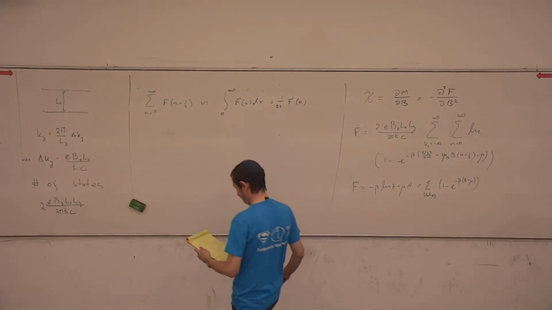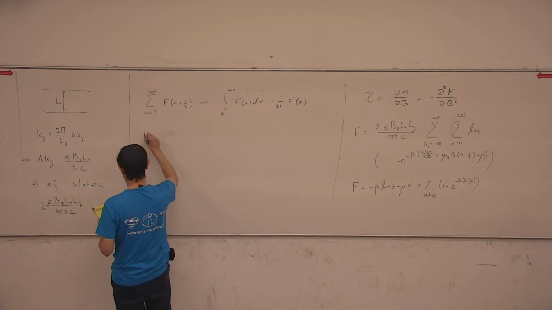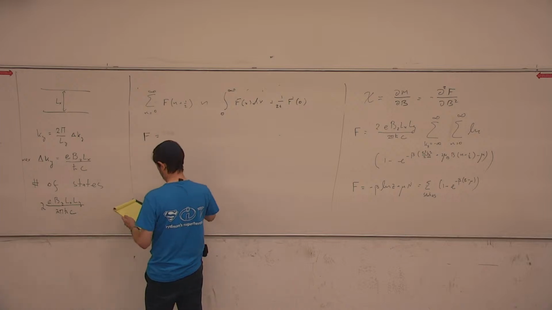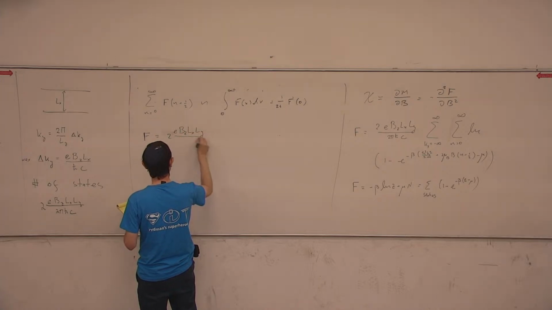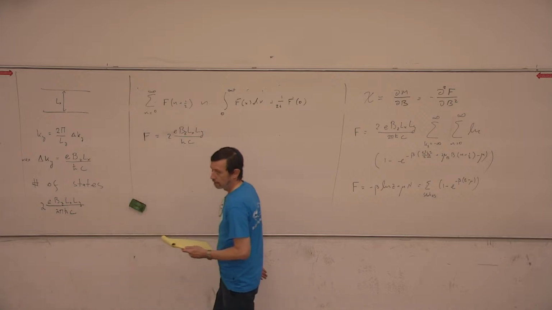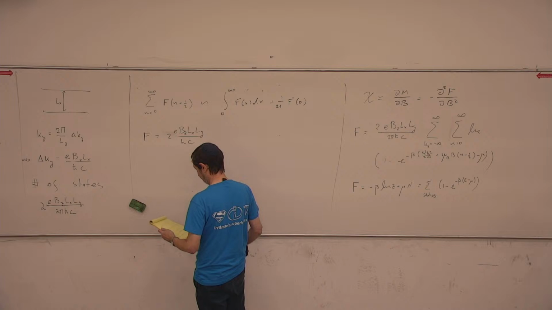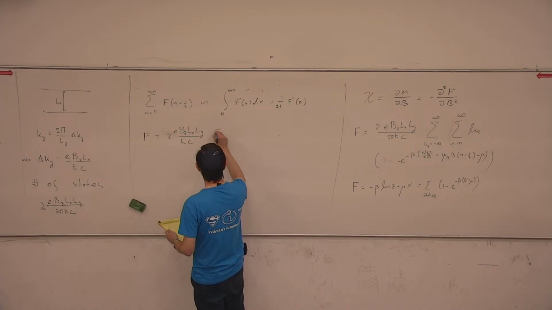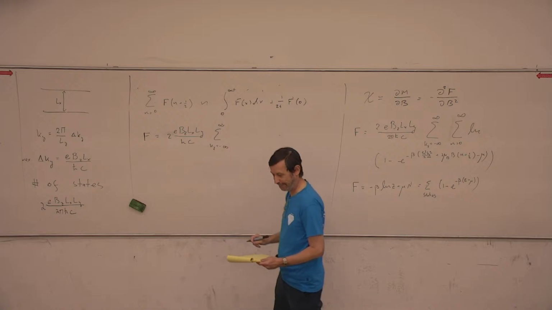So, we're back to F. Change the 2 pi times h bar. This guy we haven't yet treated.